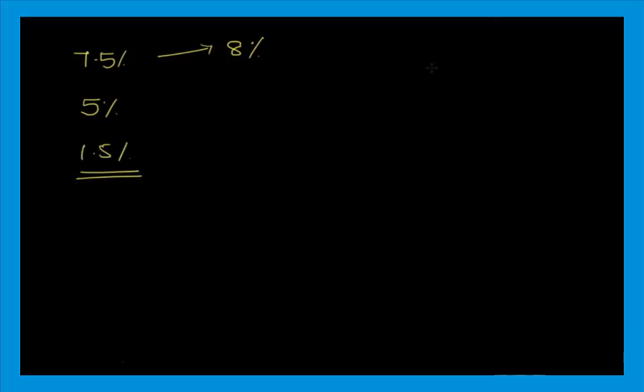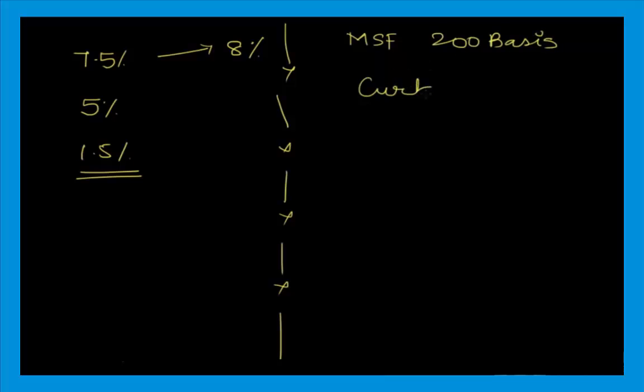Now let's try and understand why this entire thing was done. The MSF was increased by 200 basis points to curb liquidity.